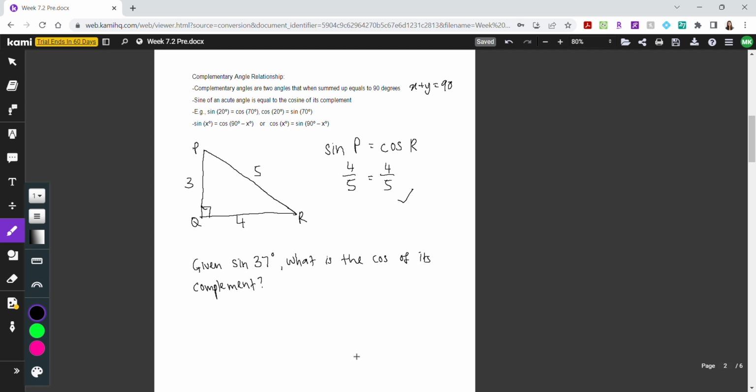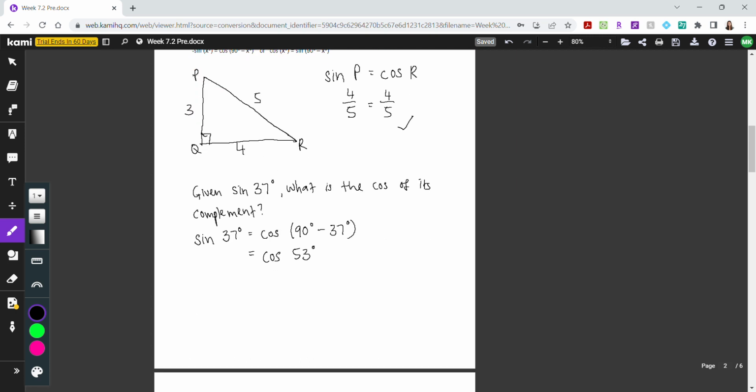So based on the formula, sine 37 equals cos of 90 minus 37, which equals cos 53. And that's how you would use the complementary angle relationship to solve the problem.